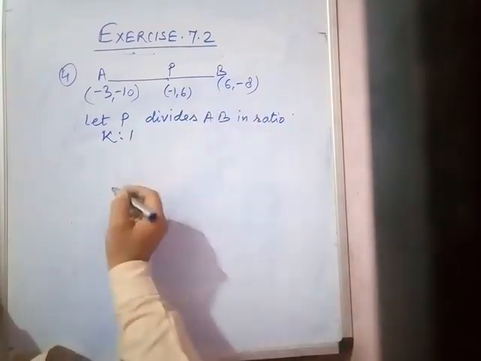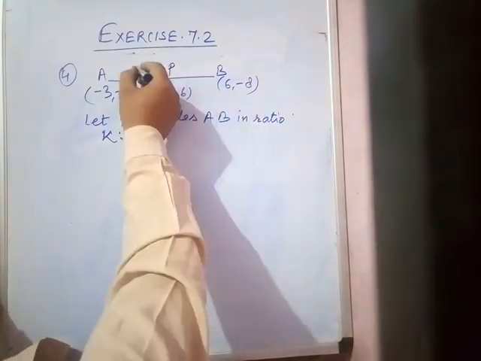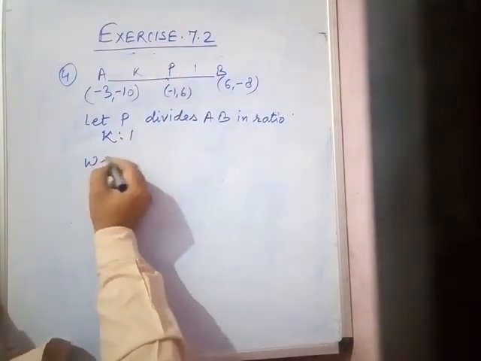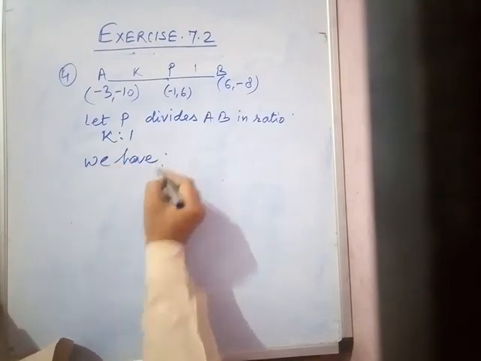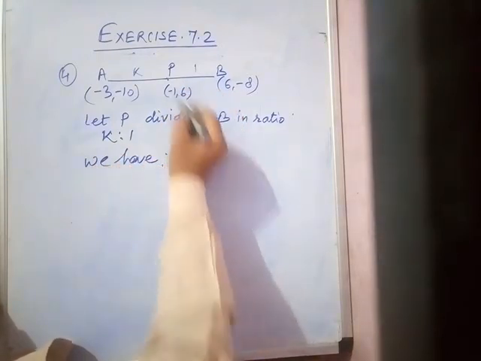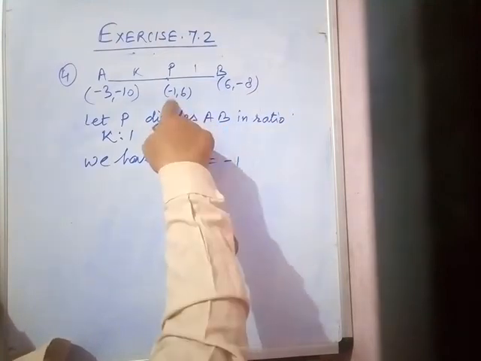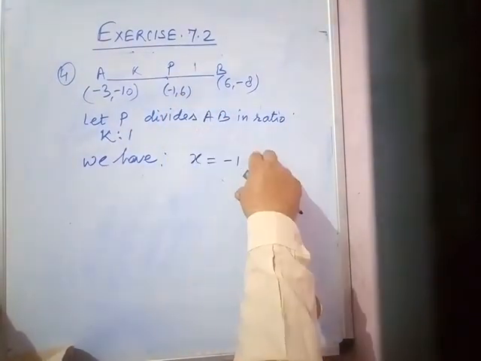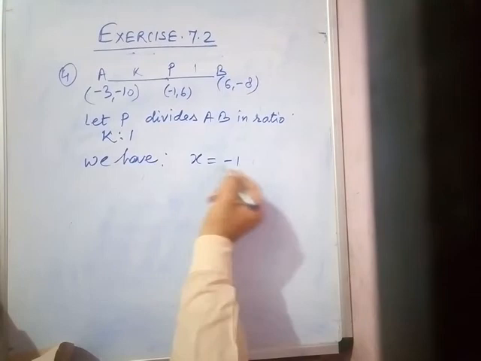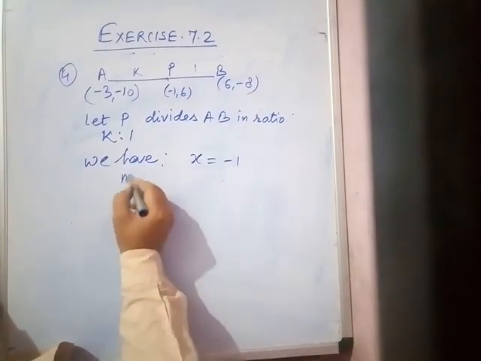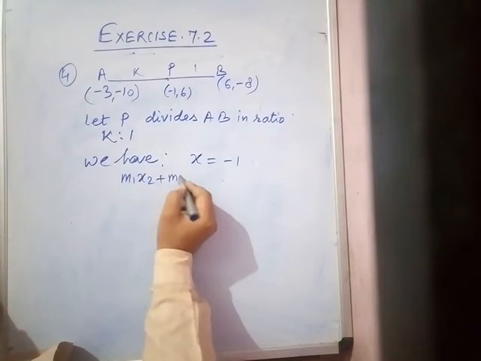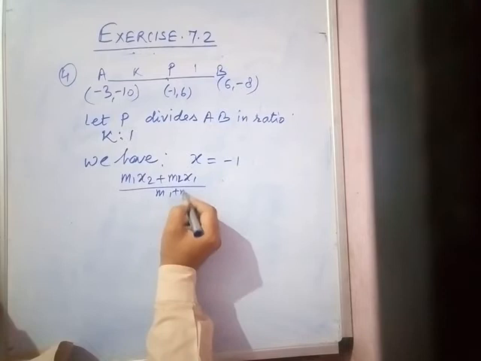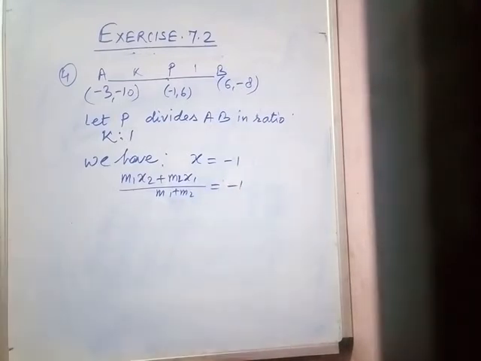Okay, so here k and here 1. We have x equal to minus 1, and the y coordinate is given as 6. So take only x equal to minus 1, and the x coordinate by the section formula is (m1x2 plus m2x1) upon (m1 plus m2) equal to minus 1.